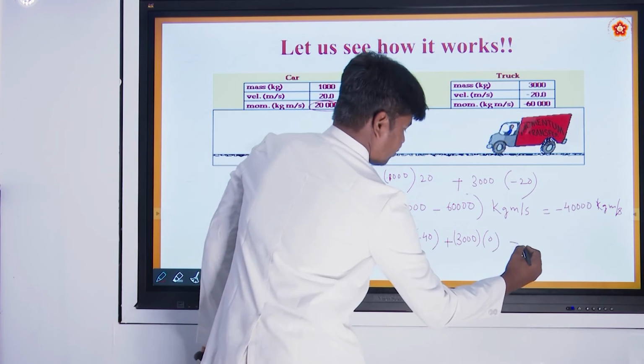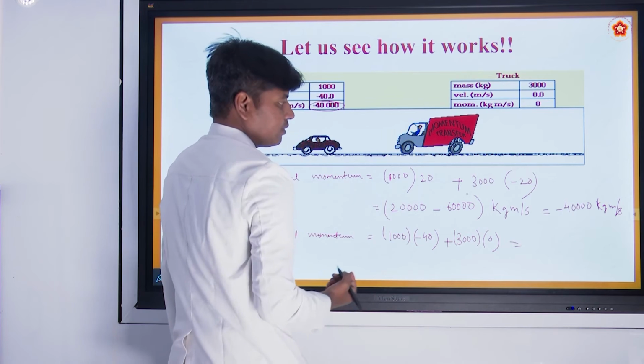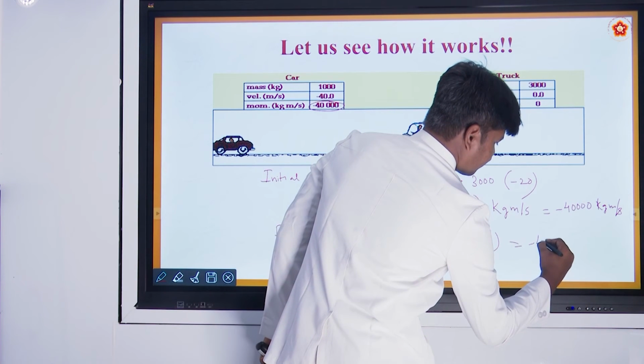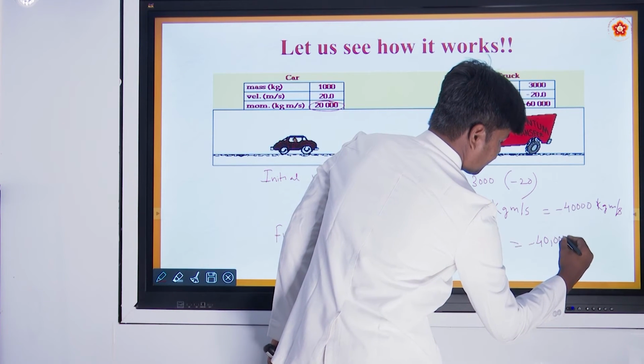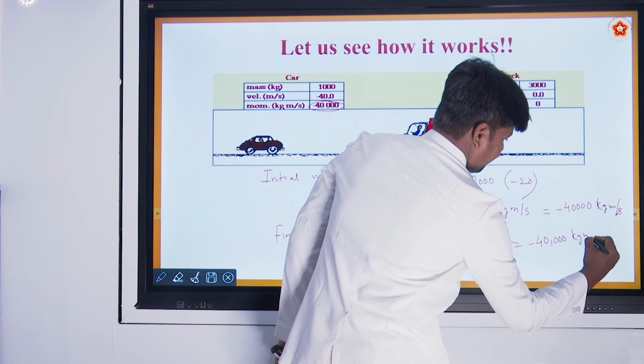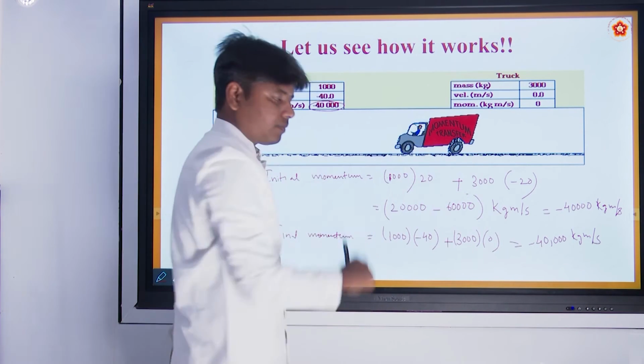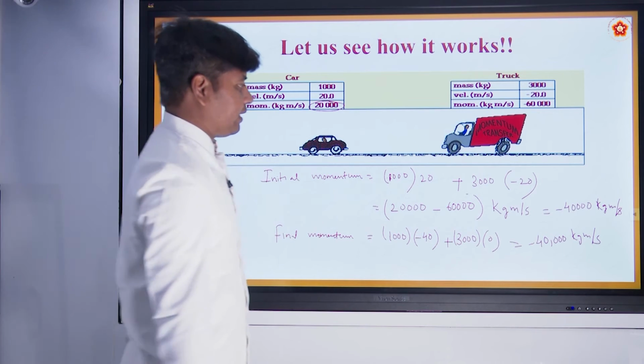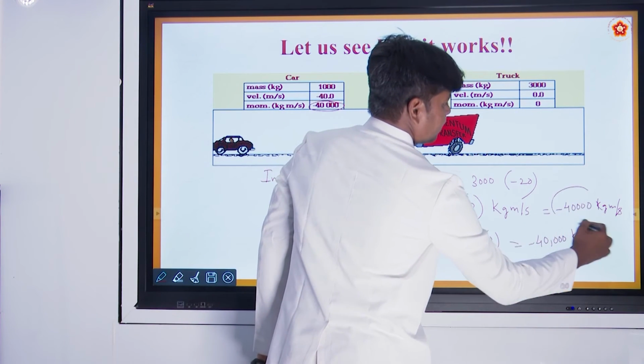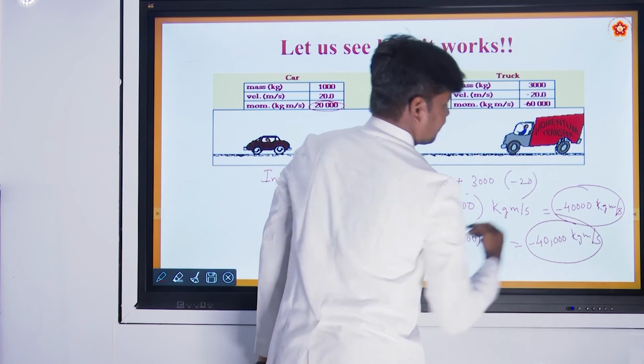So, it turns out to be minus 40 into 1000, minus 40,000 kg meter per second. Alright. So, you can see initial momentum is equal to final momentum.